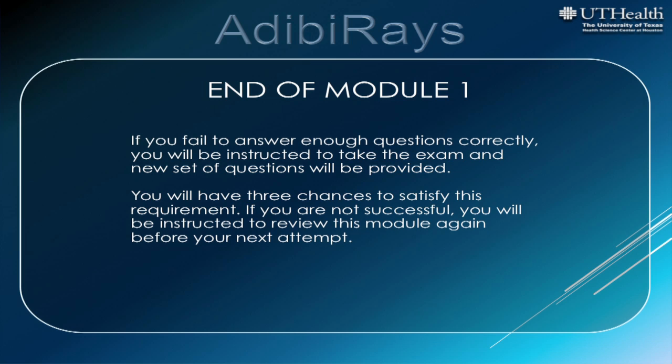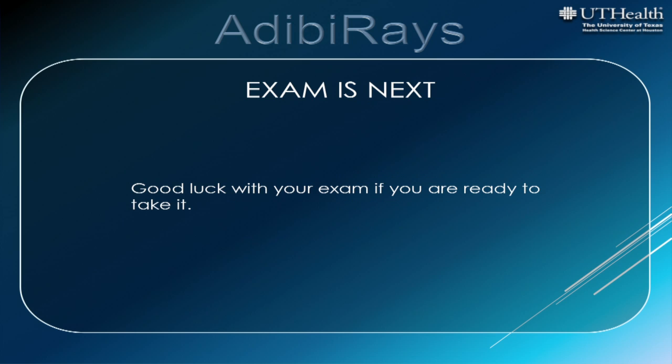You will have 3 chances to satisfy this requirement. If you are not successful, you will be instructed to review this module again before your next attempt. Your exam is next. Good luck with your exam if you are ready to take it.